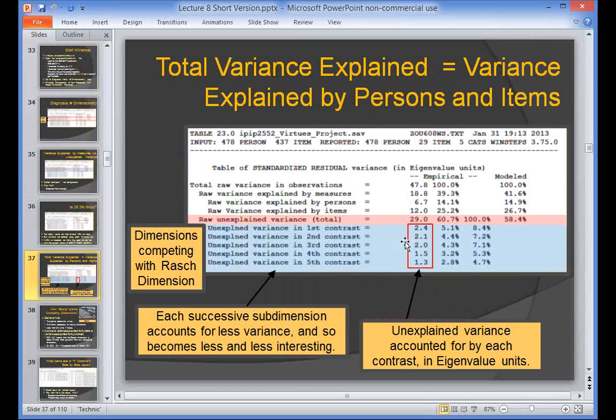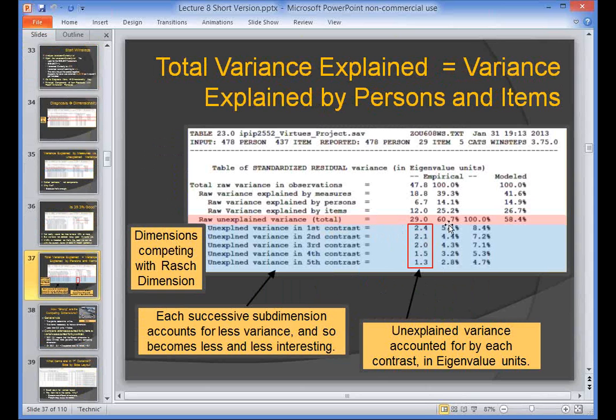And these numbers here, unexplained variance in the first contrast, this is 2.4 eigenvalue units. What this is saying is that the first contrast has a value of 2.4 items. That's how strong it is. Okay, it's as if the strongest competing dimension to the Rasch dimension contained 2.4 items.